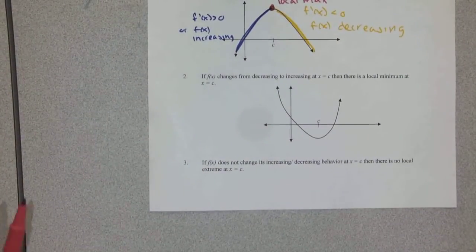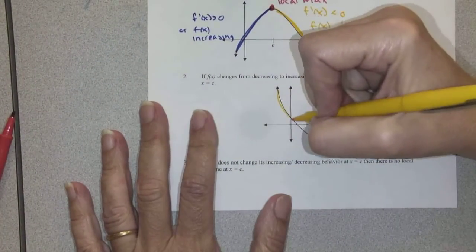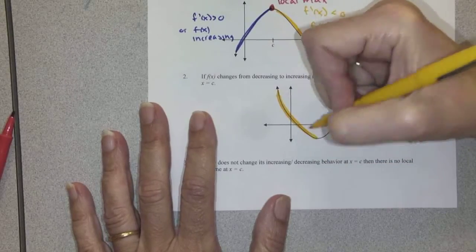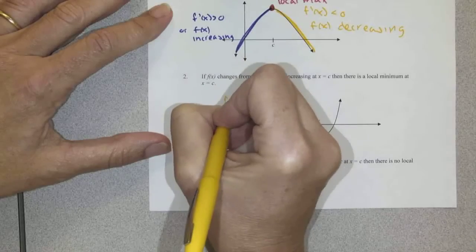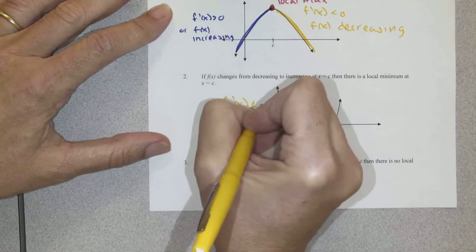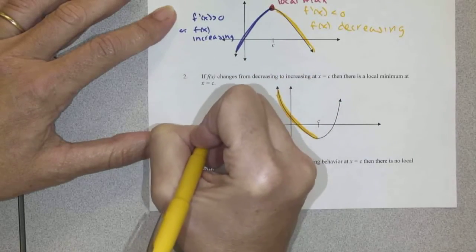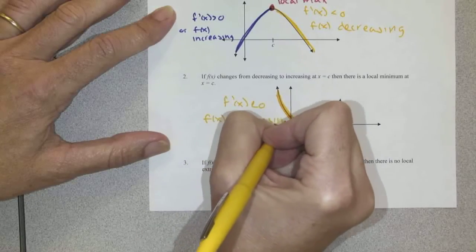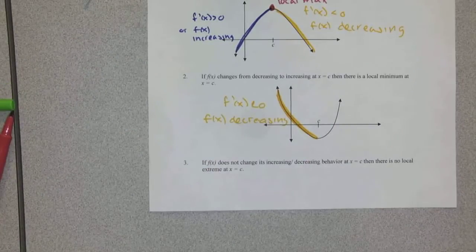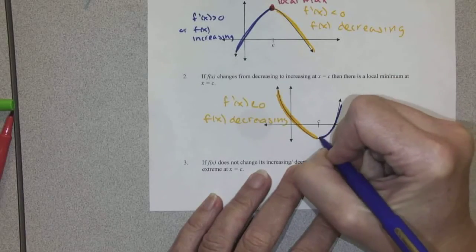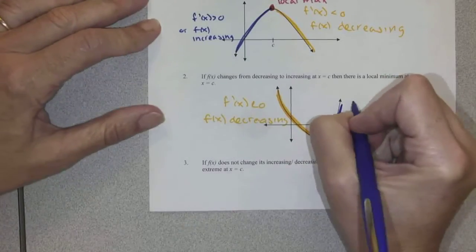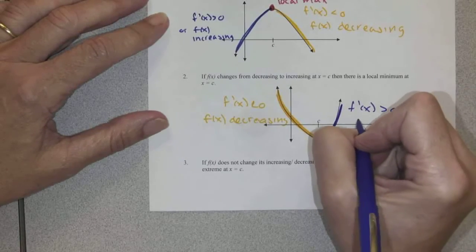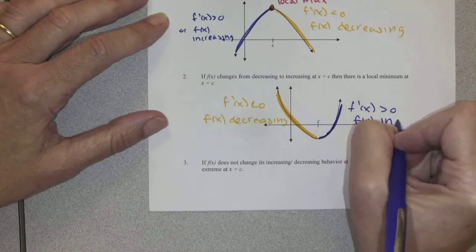Same thing on this one. On this side, we have the derivative being negative, or the function decreasing. Over here, we have the derivative being positive, or f of x increasing.